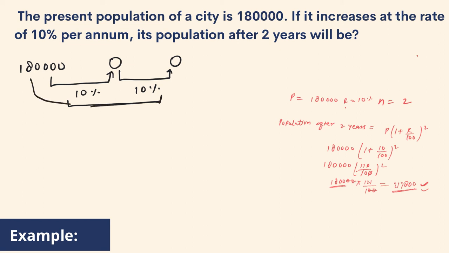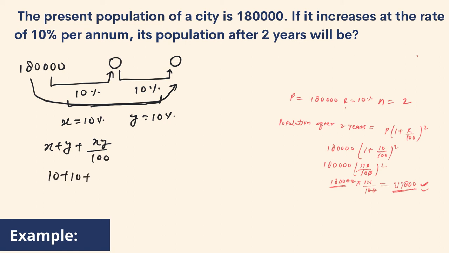From here to here what will be the increase? So I can say x equals 10%, y equals also 10%. So x plus y plus xy divided by 100 will be 10 plus 10 plus 10 into 10 divided by 100, which is 10 plus 10 equals 20, and 20 plus 1 equals 21%.